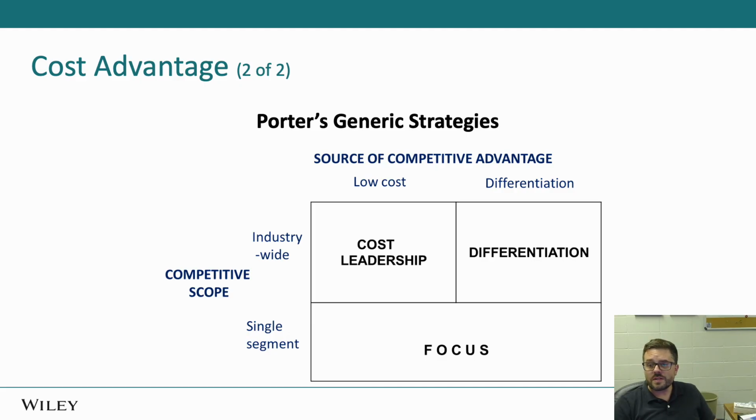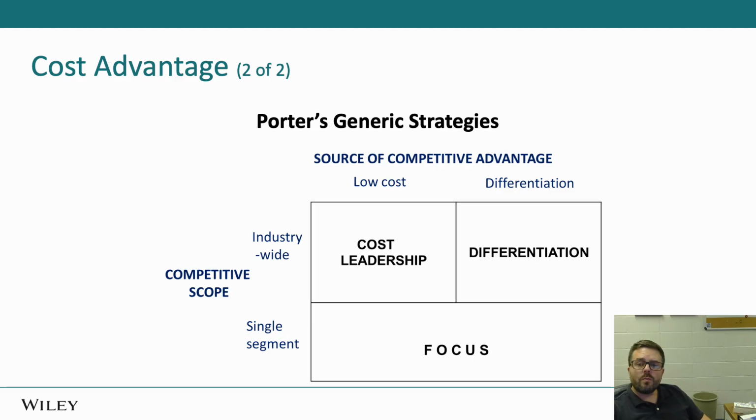If you're both charging the same price or you're charging a bit lower, the only way you're going to capture profit is by doing things more efficiently and lowering your cost. Or we can compete on differentiation. We can create additional value for which customers are willing to pay. Again, the creation of value doesn't give us a competitive advantage on its own. We have to be able to appropriate that value.